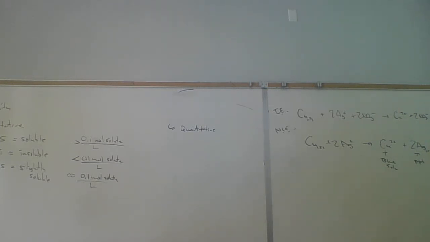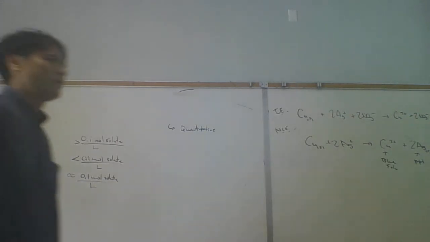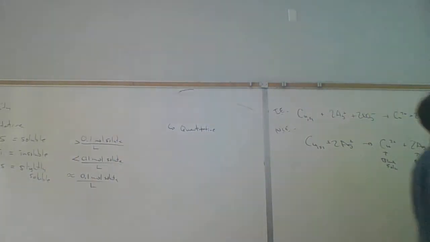We go down the list, and then we see. Well, how much can we dissolve? Well, it turns out we can dissolve 359 grams, and so that's well over 0.1 moles. You know, 1 mole is 55 grams. That's a lot of moles.